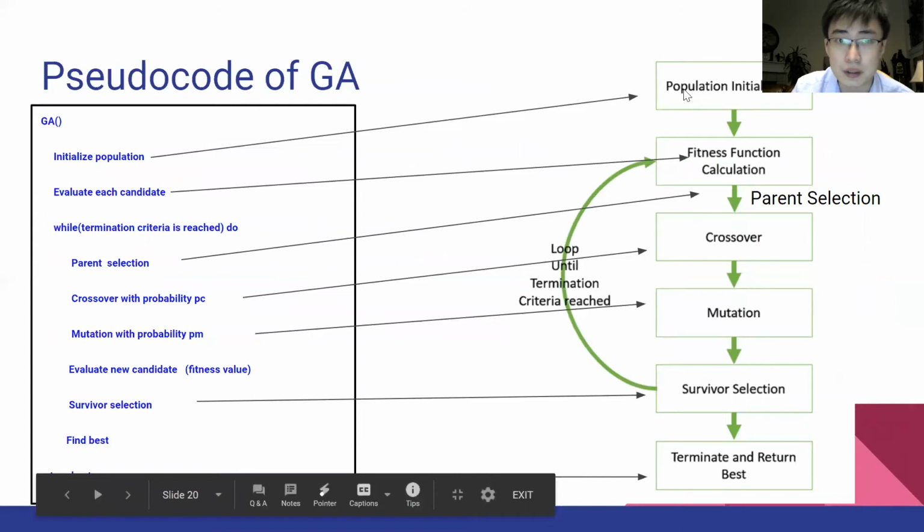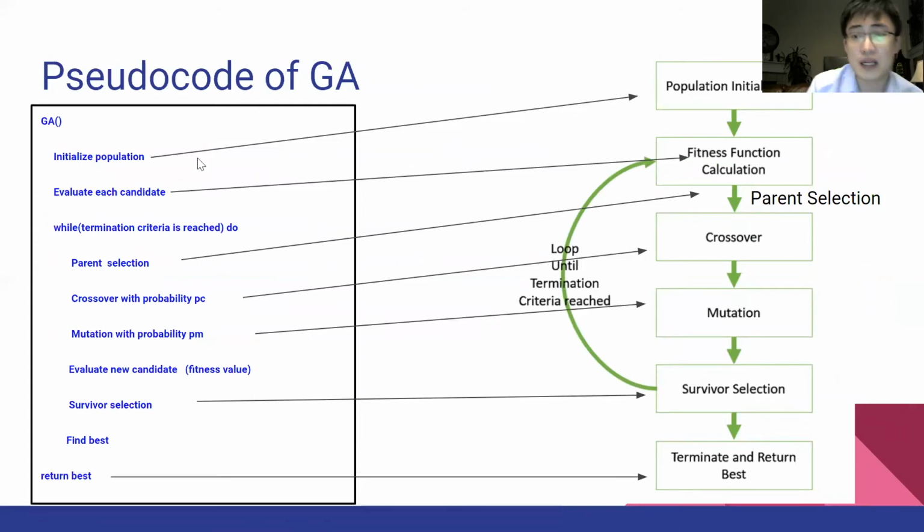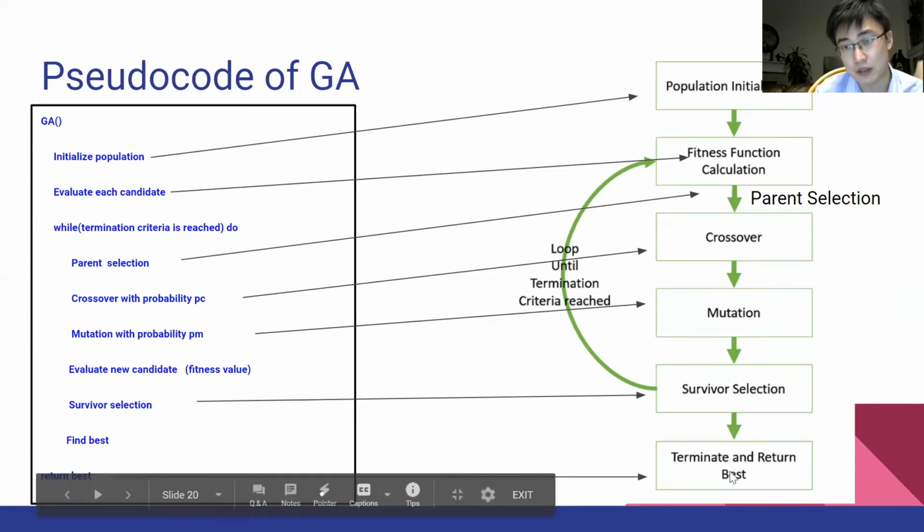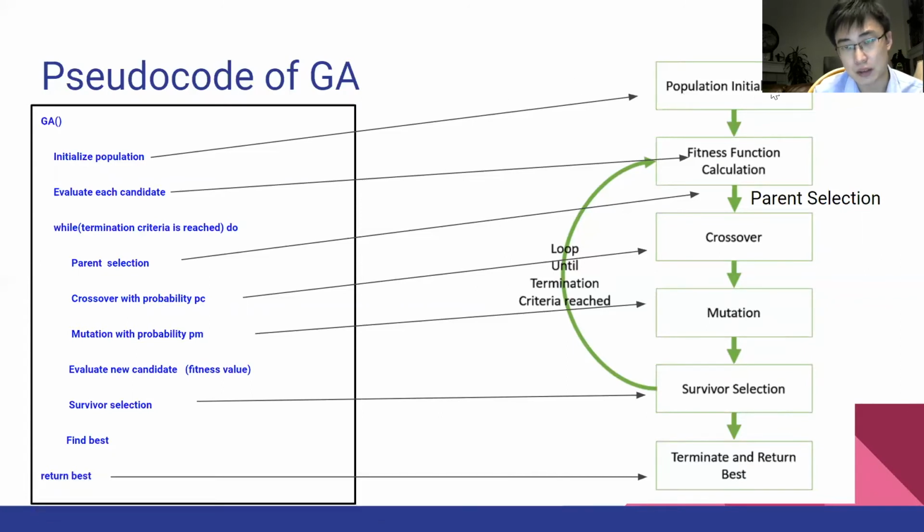Let's see the pseudocode of the genetic algorithm. Actually, this pseudocode is really basic and clear. Each of the steps corresponds to each of the phases of the structure. Initialize the population corresponds to the population initialization. Evaluate each candidate corresponds to the fitness function calculation, to get the fitness value, right? When we get a fitness value, we perform the parent selection. And then we do crossover and mutation to produce some new offspring.